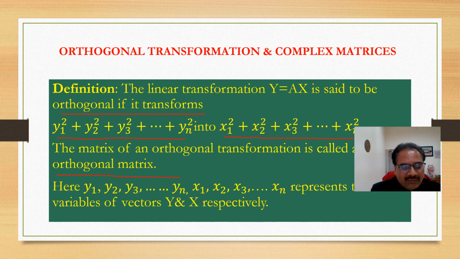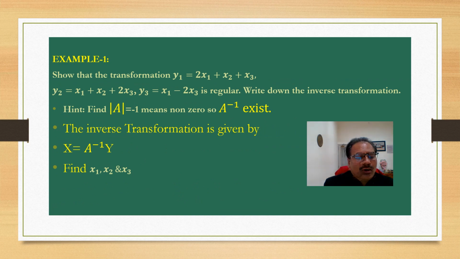Here y1, y2, y3 up to yn and x1, x2, x3 up to xn represent the variables of vectors y and x respectively. Now let us look at an example. This is the main concern of today's talk.